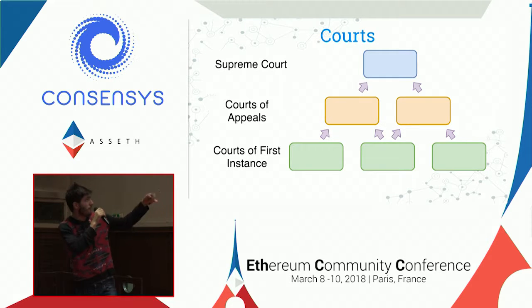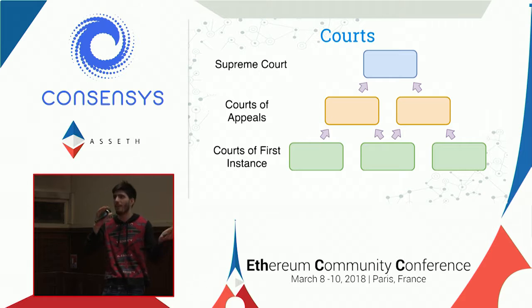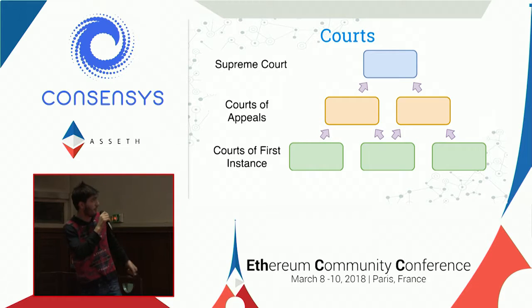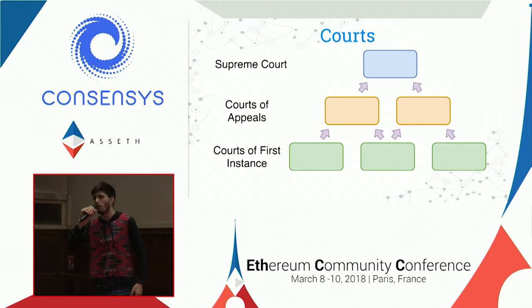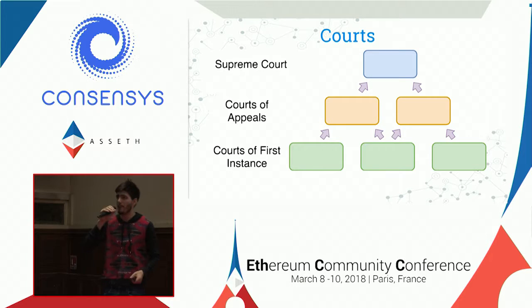And then finally, we have the Supreme Court. In this case, this would be Ethereum, and this is basically the law of the land. If everything goes wrong on child chains, you have to resort to using the root chain to settle all disputes and make sure everything turns out the way it's supposed to.